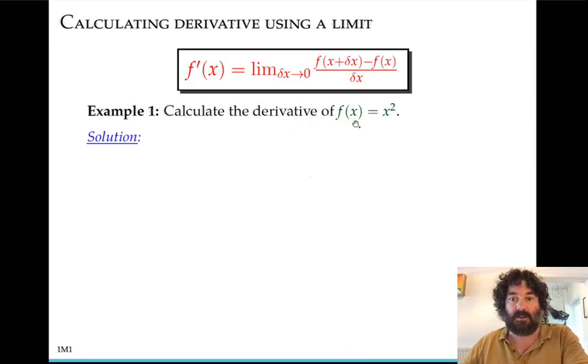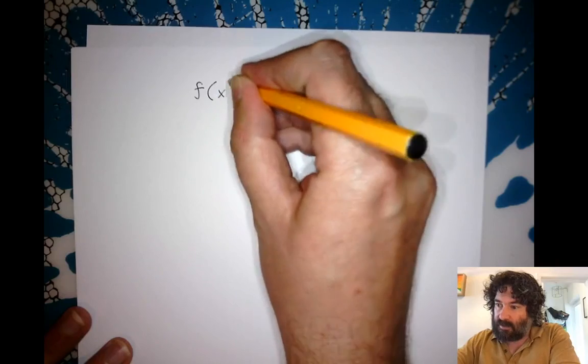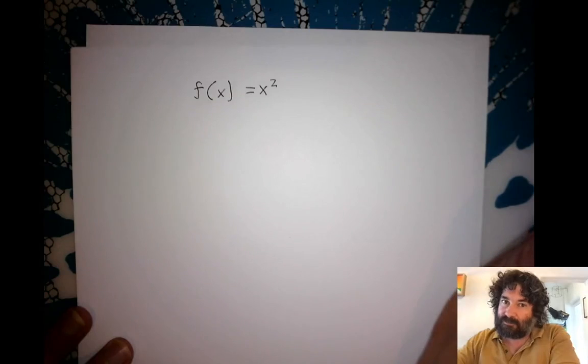The graph is then a parabola, and we want to calculate the derivative of this function. Well, I'll do this example, as I'll do most examples, by hand. And so we have the function f of x equals x squared.